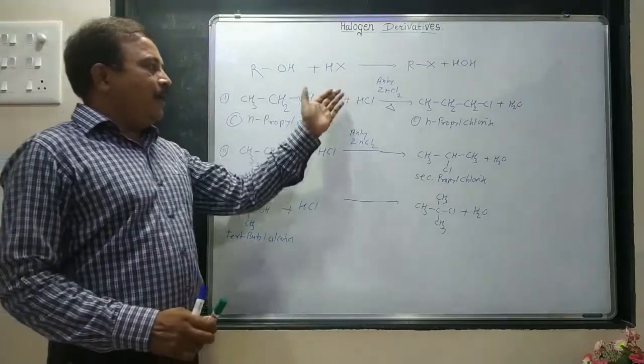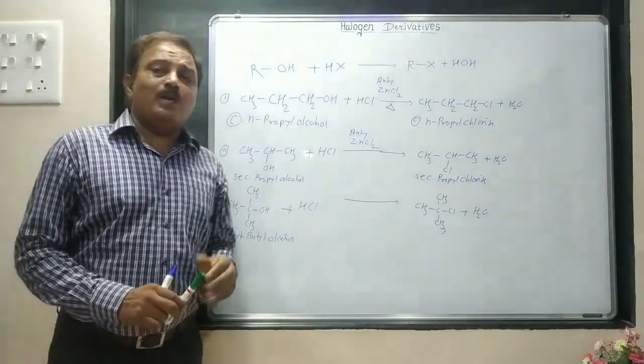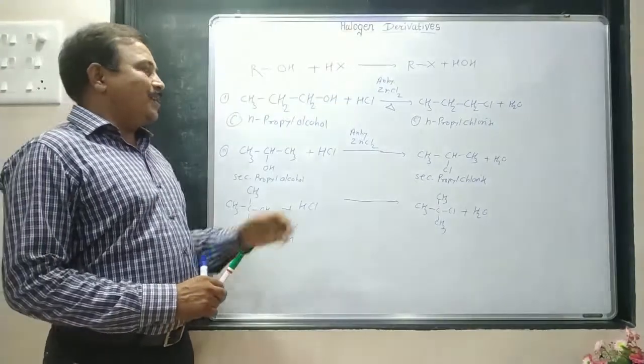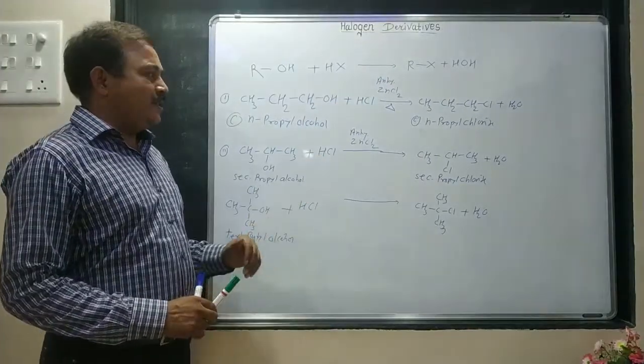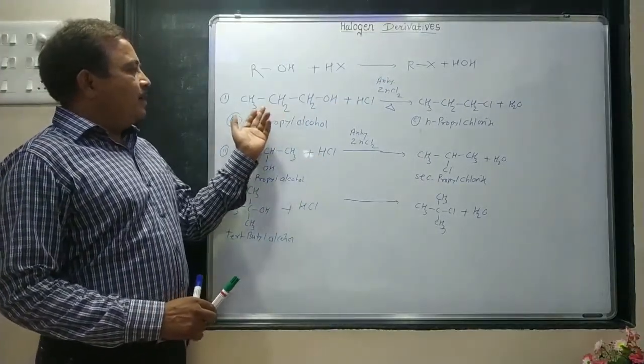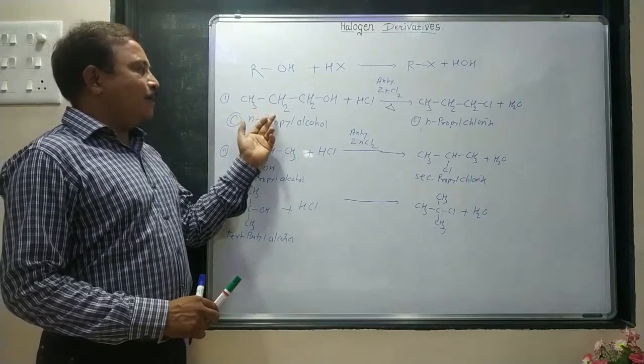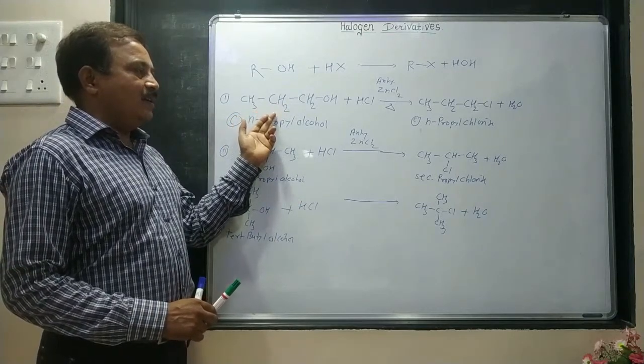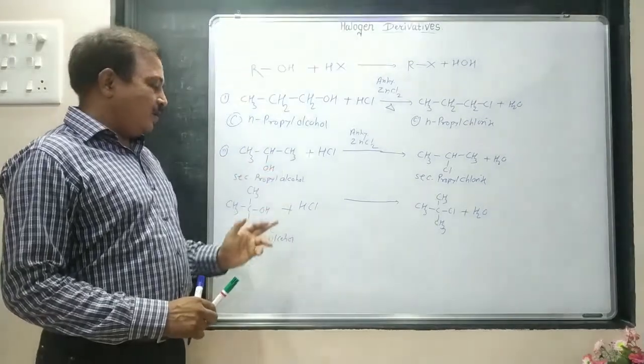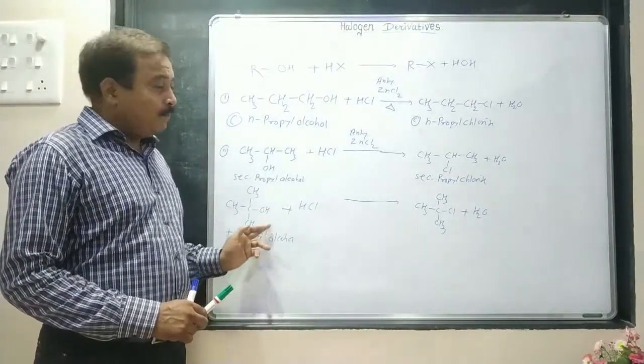Combining all these three reactions, we will try to understand what changes we have carried out here. In the first one, this is a primary alcohol. This is a secondary alcohol and a tertiary alcohol.